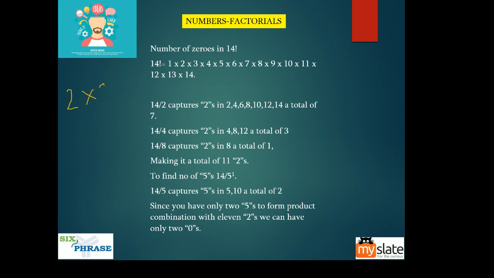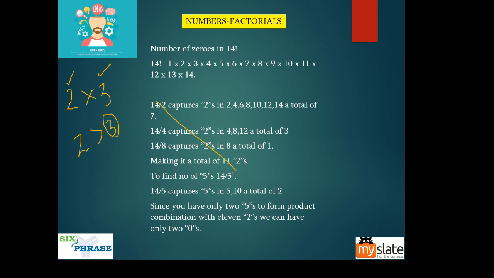Now you tell me, in this product, will the number of 2's be more or the number of 3's be more? The 2's will always be greater than 3's, so we just need to find the number of 3's alone, like what we did with 5's. Why did we not need 2's?